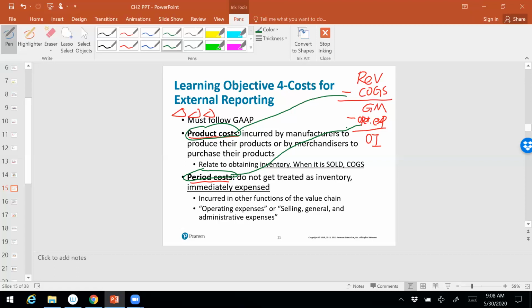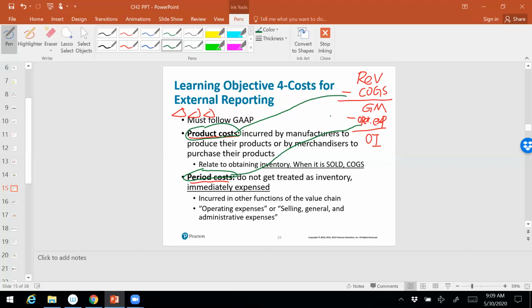So why are those two costs important? Because they have different places in the income statement. And you say, why does it matter? No matter which one you subtract first, you get the same operating income. It's like 8 minus 2 minus 4, you still get 2.